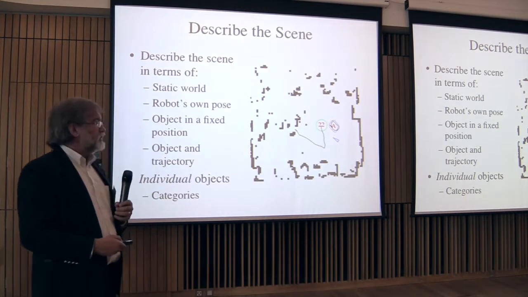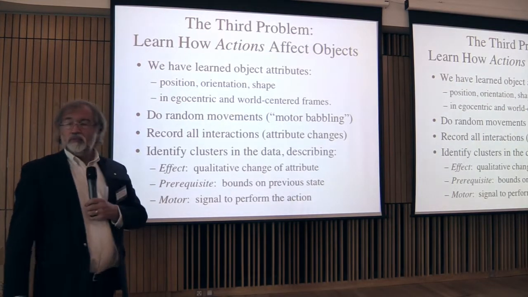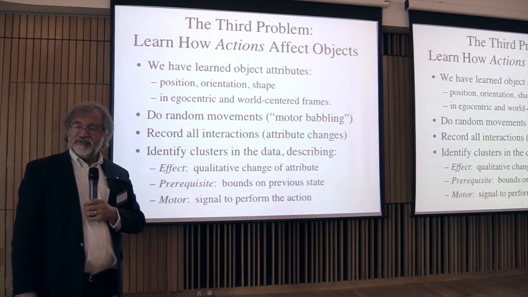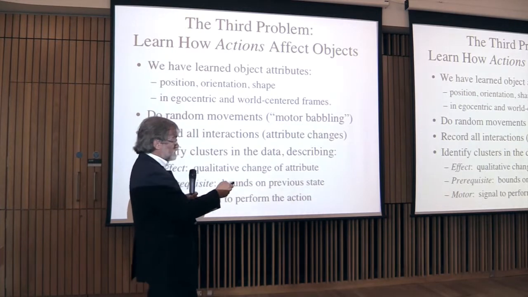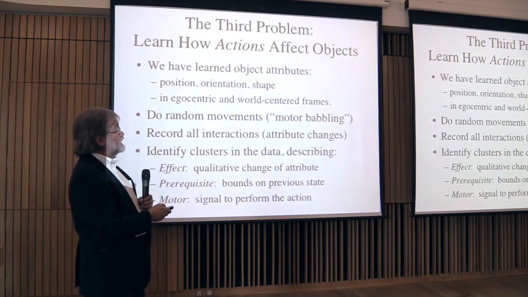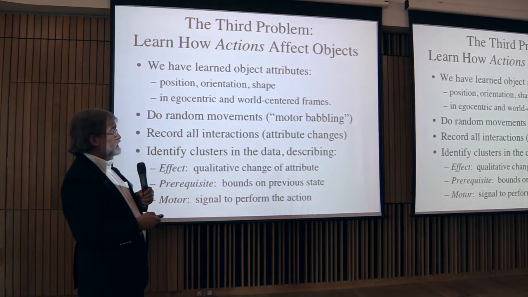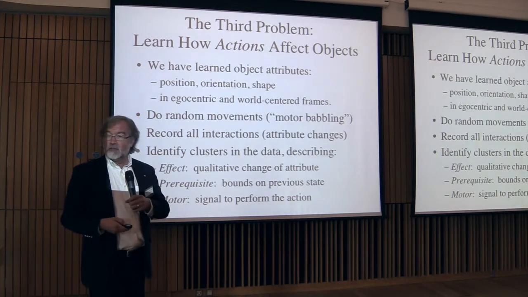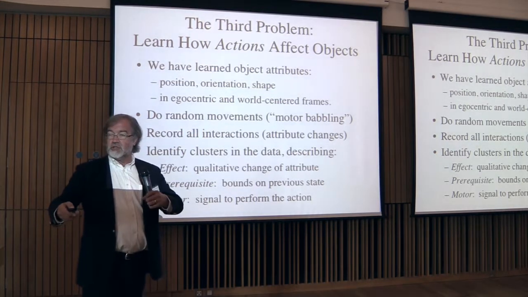Now, that's pretty satisfying. But we still haven't done actions. One of the things we've learned is object attributes. So, an object has at any point a position and orientation, but we've also said we can learn a shape for it, which allows us to detect changes in position and orientation.